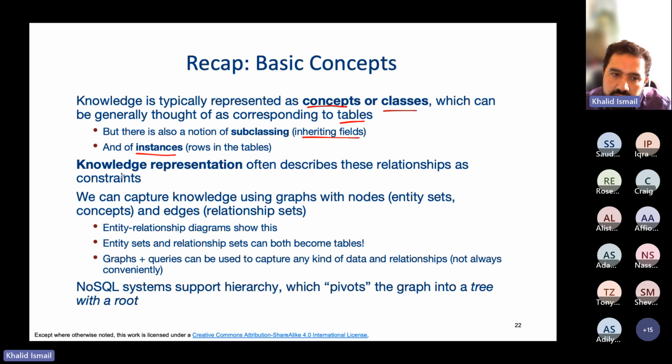We have talked about knowledge representation and the three ways of representing it: the logical way, the graph way, and the ER or entity relationship way. Then we ended up looking at the NoSQL system, which supports hierarchies such as nested hierarchy, and this can be represented as a tree.